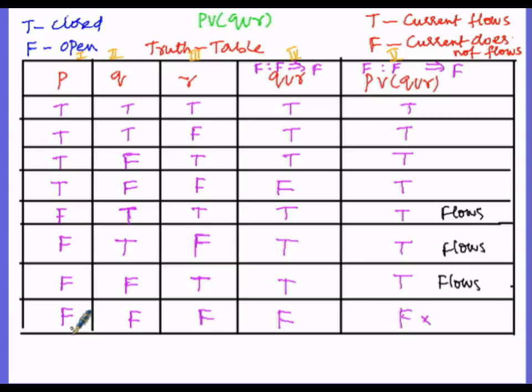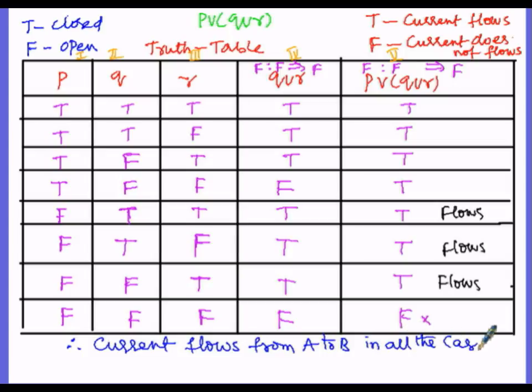Therefore current flows from the terminals A to B in all the cases except in one case, that is when switches P, Q, R are open.